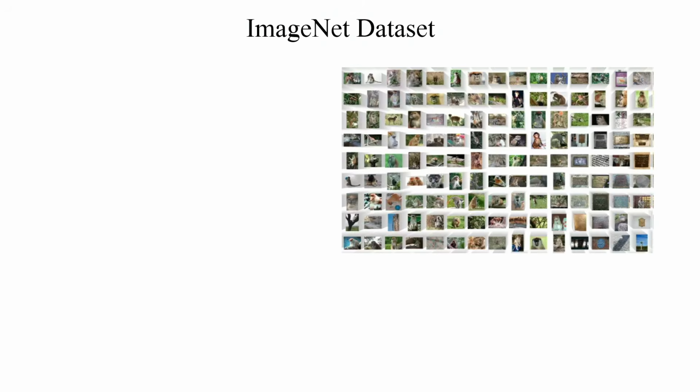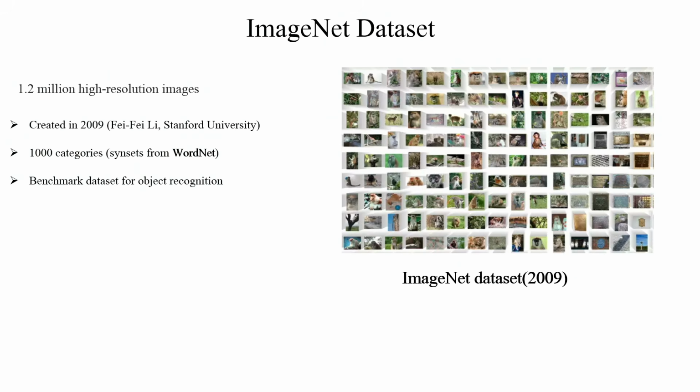You can see this is a snapshot of the ImageNet dataset, which has 1.2 million high resolution images. This dataset was created by Fei-Fei Li from Stanford University in 2009, and it had 1,000 categories of images. It took its motivation from WordNet. What is WordNet?